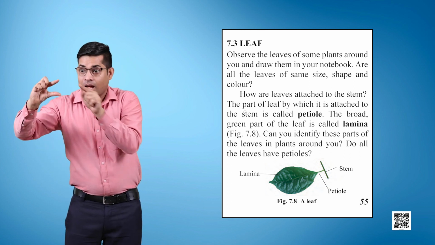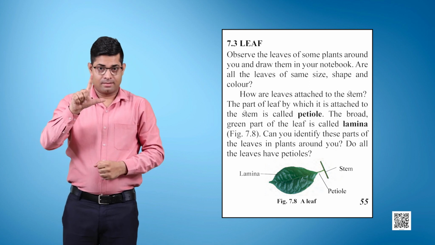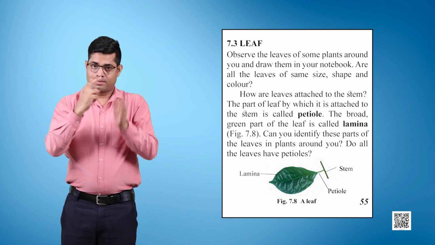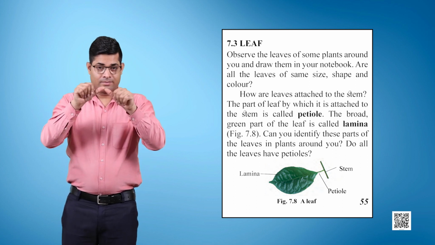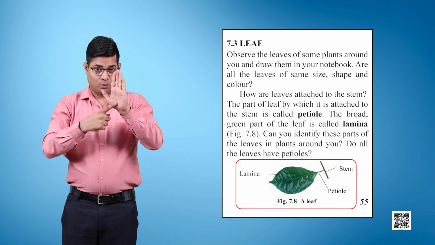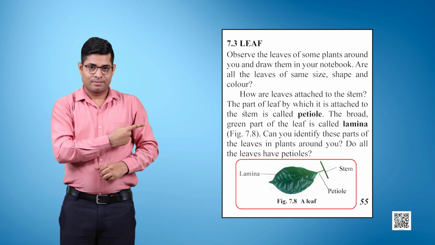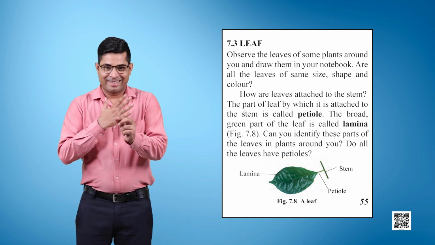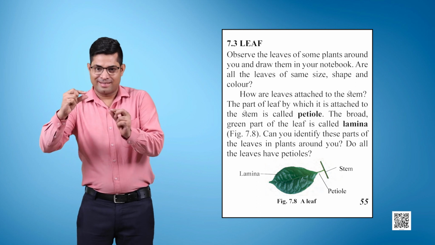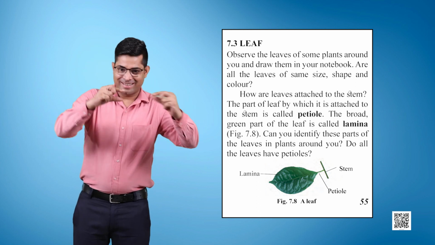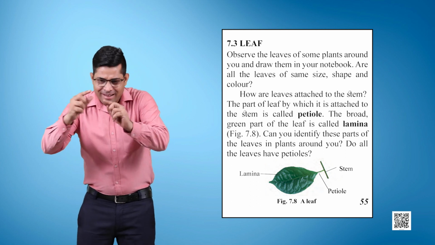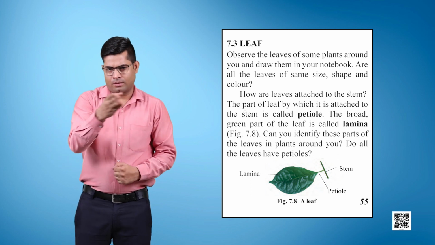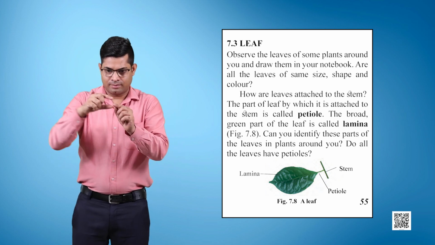The broad green part of the leaf is called lamina. Figure 7.8. Can you identify these parts of the leaves in plants around you? Do all the leaves have petioles?